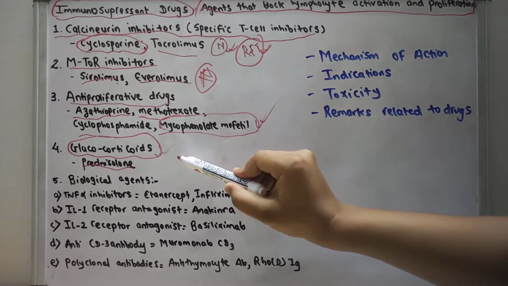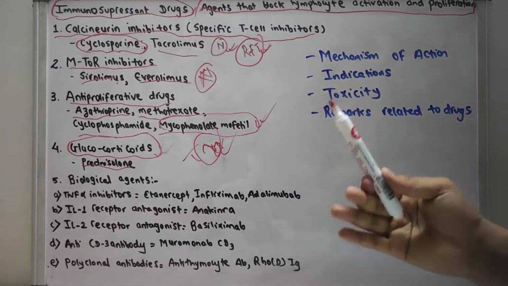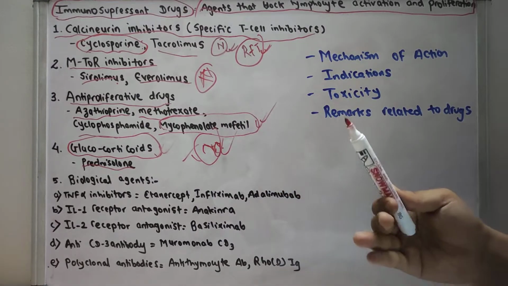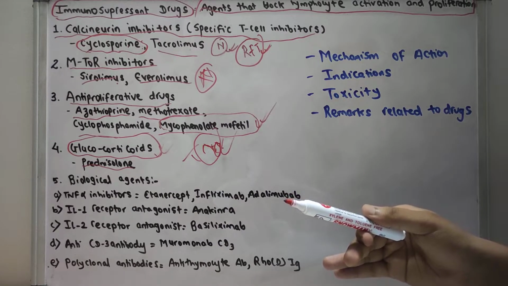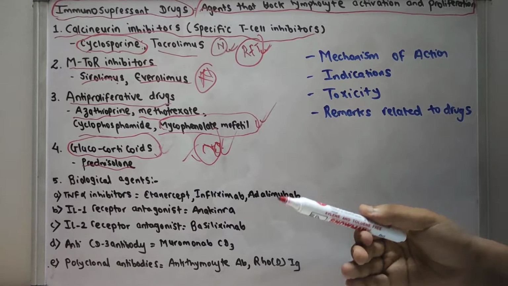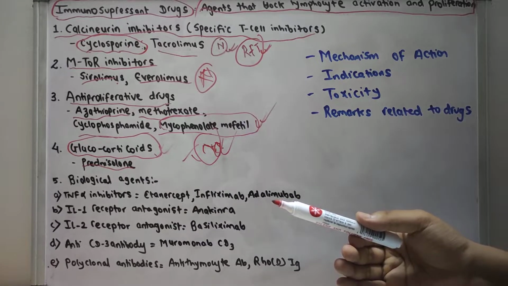If used in excess, what are the various side effects we see in glucocorticoids? We see Cushing syndrome, osteoporosis, hyperglycemia, diabetes, amenorrhea, adrenocortical atrophy, peptic ulcer, psychosis, cataract, and avascular necrosis.